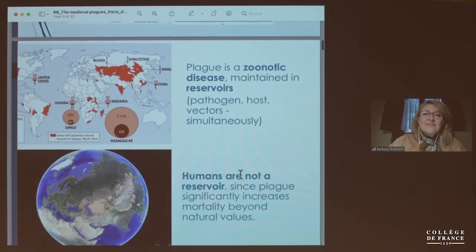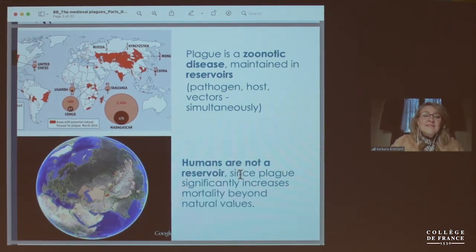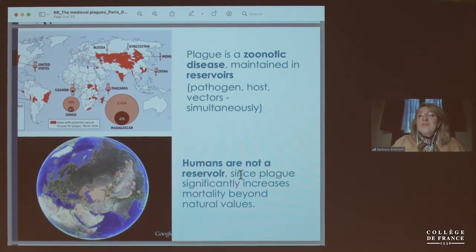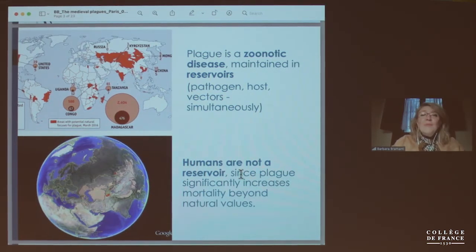So let's consider that plague, you know for sure everyone, it's not a human disease, this is a zoonotic disease, and this disease is maintained all over the world in a plague reservoir. What is a plague reservoir? It is a place where the pathogen, Yersinia pestis, the host, mostly wild rodents, and the vectors, mostly their fleas, are present simultaneously.